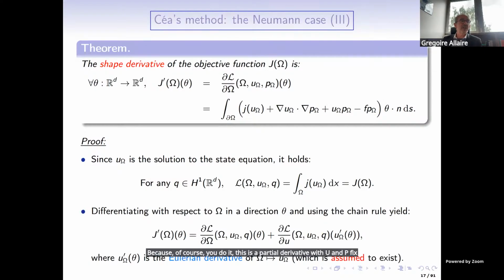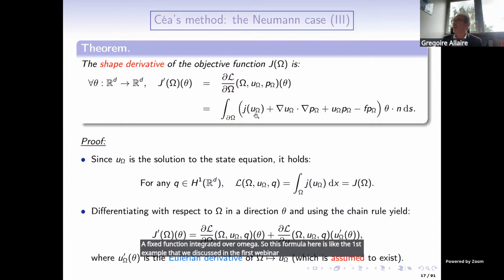It's like differentiating an integral over omega of a fixed function. So the formula here is exactly the formula that we discussed in the first webinar, when you were differentiating a fixed function integrated over omega. It's like the first example that we discussed in the first webinar.